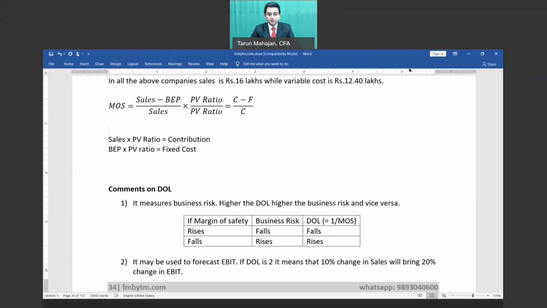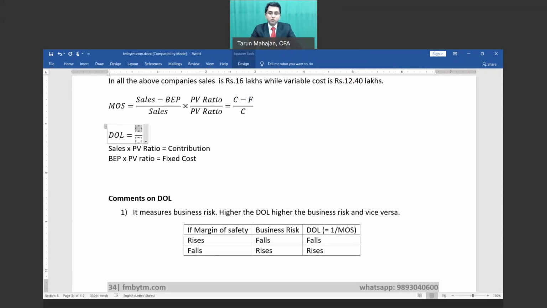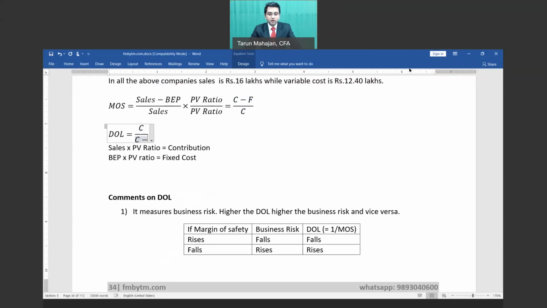And do you know the formula for degree of operating leverage? It is equal to contribution upon contribution minus fixed cost. So what do you see here?